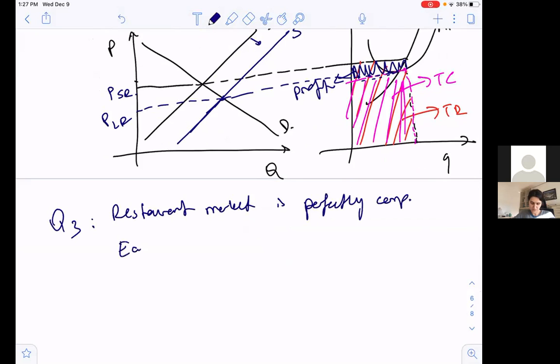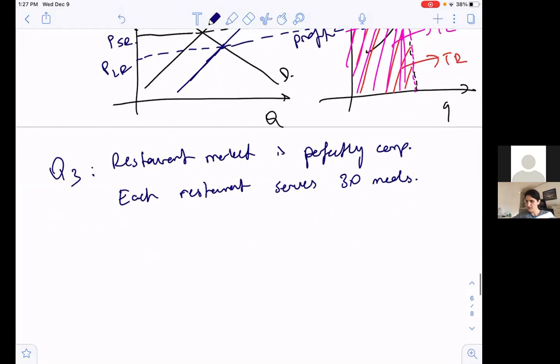Each restaurant serves 30 meals. Assume that, for mathematical simplicity, the marginal cost of the fried rice is constant and 8.